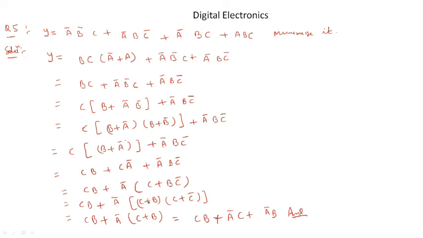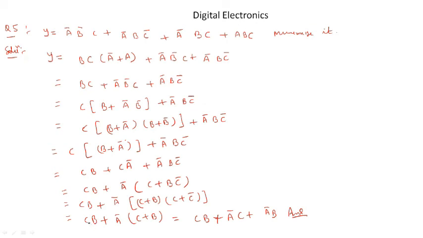Again you will use here the distributive law, and it will be written as cb plus a bar (c plus b) dot (c plus c bar). c plus c bar again is 1, and when you multiply 1 by bracket (c plus b), you will obtain c plus b.